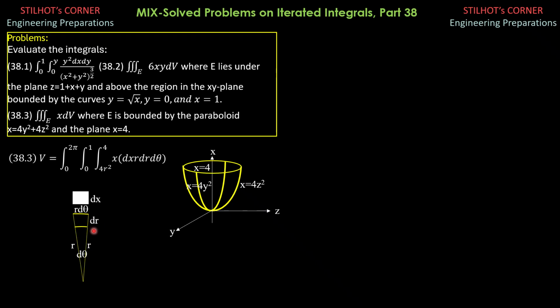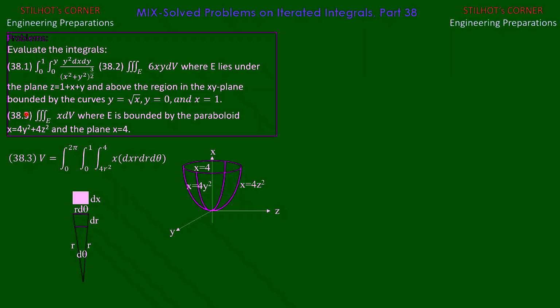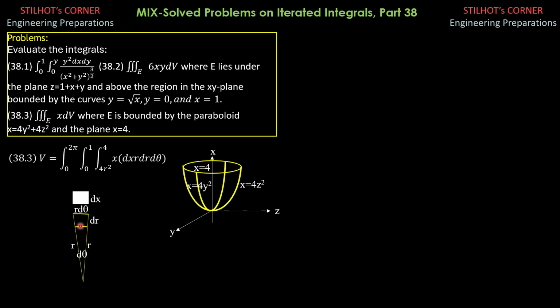Just like in the preceding videos, differential area is r dr d theta, remember? And we just multiply that by the height or thickness of the differential element, dx, to be interpreted as differential volume, which is now this. So r d theta is there, dr is there, and dx is there.